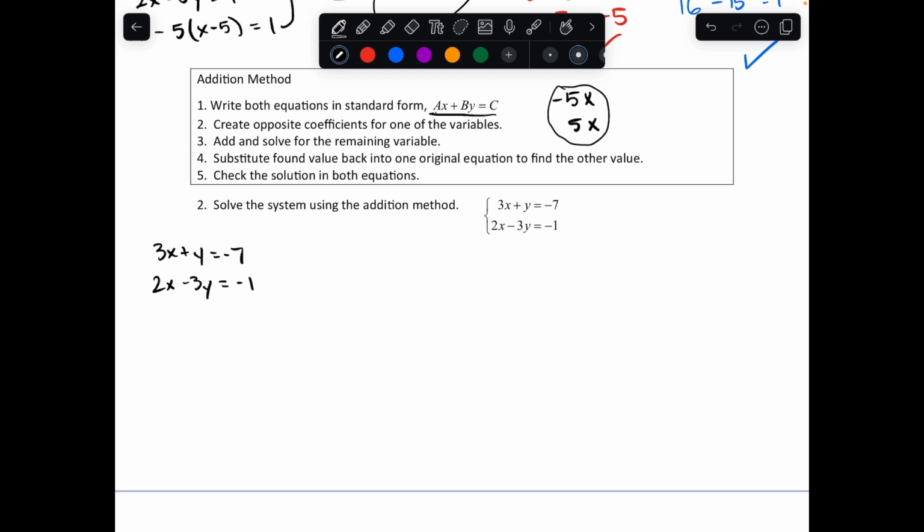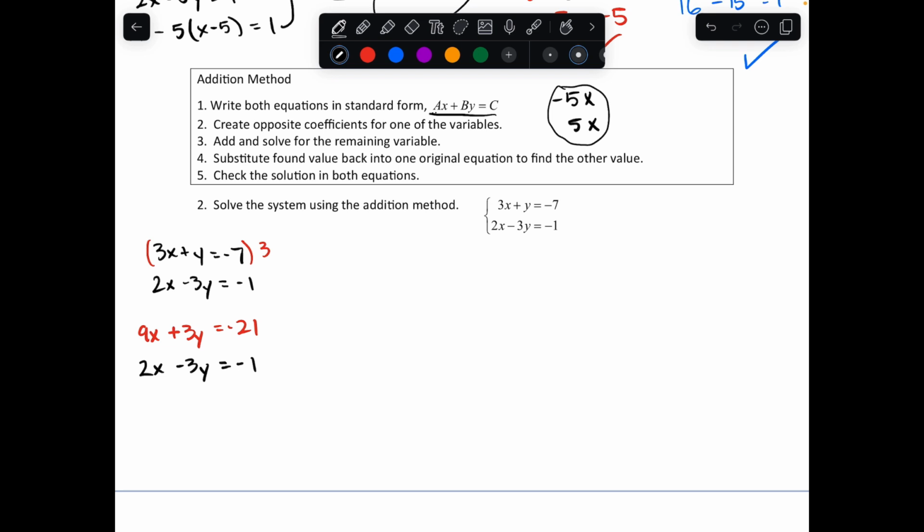As long as I do the same thing to both sides, it's a legal move. So I'm going to multiply both sides of the top equation by 3. Once I do this, we're going to have 9x plus 3y is equal to negative 21, and then we'll have 2x minus 3y is equal to negative 1.